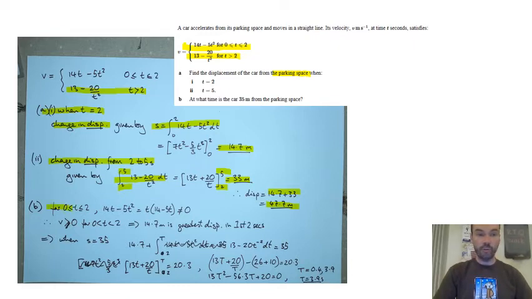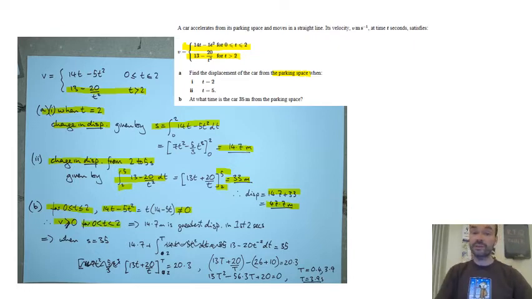So for between 0 and 2, we know that this expression is never 0. We can check that by sketching the graph. So therefore the velocity is greater than 0 for the first 2 seconds.